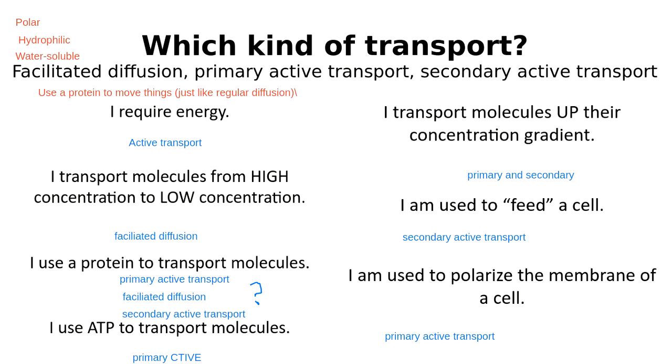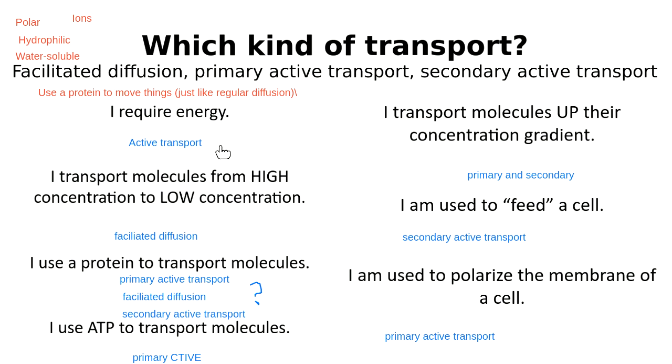Forgetting about those is terrible on this day because we're going to talk a lot about ions moving today. So big idea being anything that can't get across the membrane on its own, I have to use a protein to do it. If I'm going from high to low, I would call that facilitated diffusion. If I'm going from low to high, if I'm going up my concentration gradient, that's going to require energy.